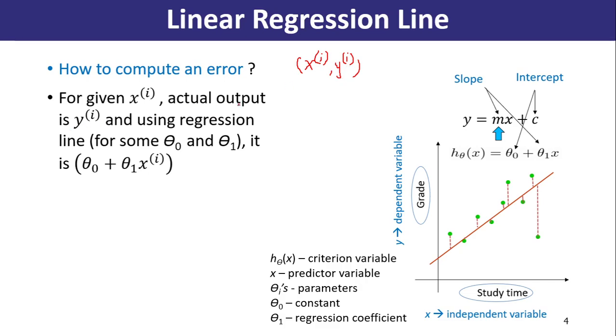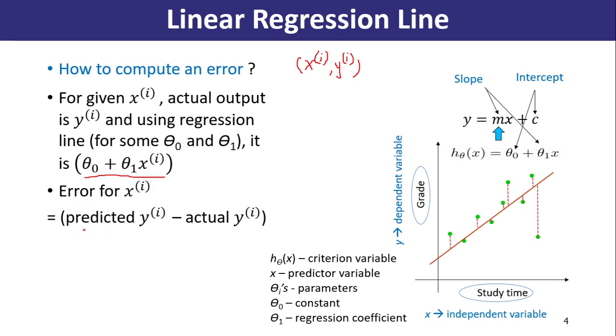So for given x i, the actual output is y i, and using the regression line for some value of theta 0 and theta 1, we are predicting the output as theta 0 plus theta 1 x i, right? So the error for x i is given as predicted y i minus actual y i.